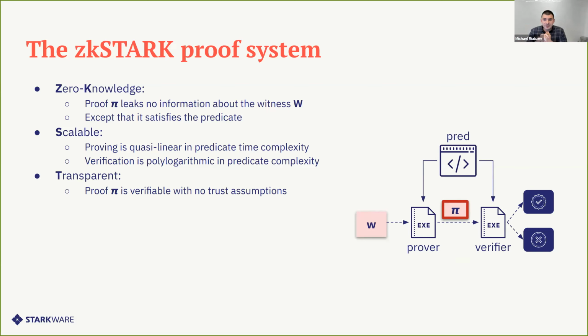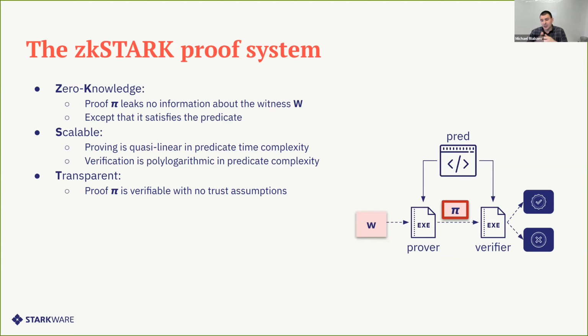Transparency. Transparency means that in order to verify a proof, I don't need any trust assumption in any party. It means that if I go somewhere on the street and just find the proof lying there, I can read it and verify just a mathematical proof and be sure that it is sound.